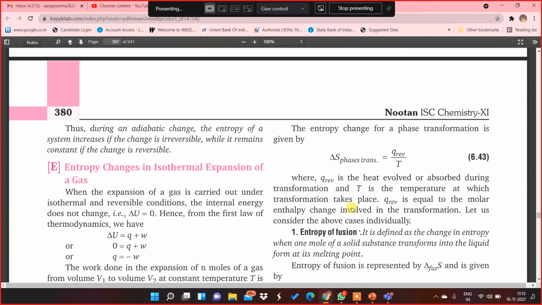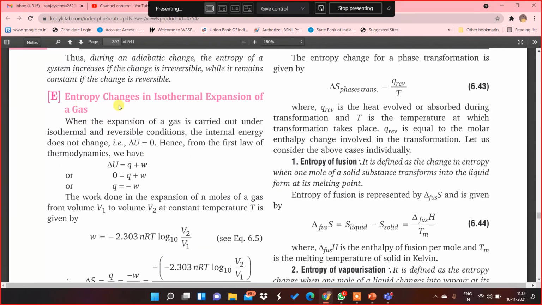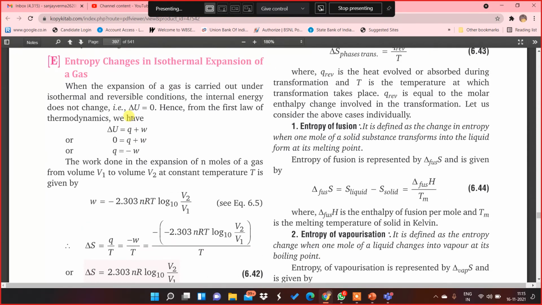Thus, during an adiabatic change, the entropy of a system increases if the change is happening irreversibly, while it remains constant if the change is reversible. Then entropy changes in isothermal expansion of a gas. Here the gas is being expanded isothermally, at constant temperature.